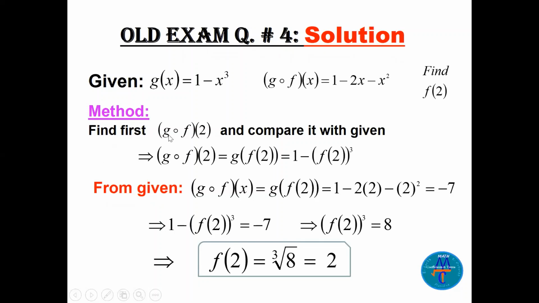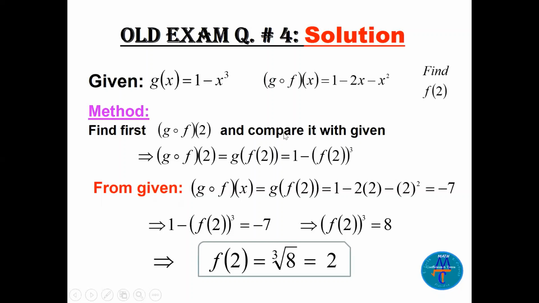Let's find first g circle f of 2. See, g circle f of 2 means g of f of 2. So f of 2, I replace it in the g there. See, it's 1 minus f of 2 cubed. All right?